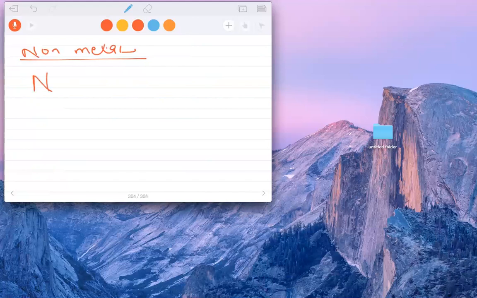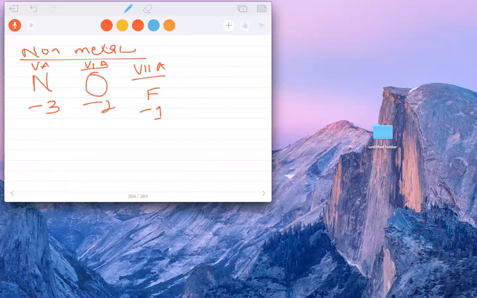Nitrogen is in group 5A, and it needs 3 more electrons to get to 8. Oxygen is in 6A, and it needs 2 more to get to 8. Now, 7A, such as fluorine, will form negative 1, all group 7A.